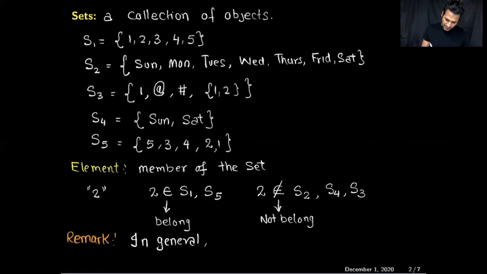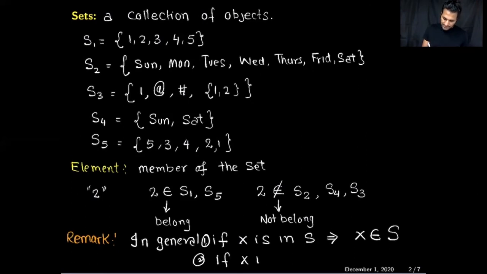In general, if x is in a set S, then we write x belongs to that set. And if x is not in set S, then we write x does not belong to the set S, with that symbol.